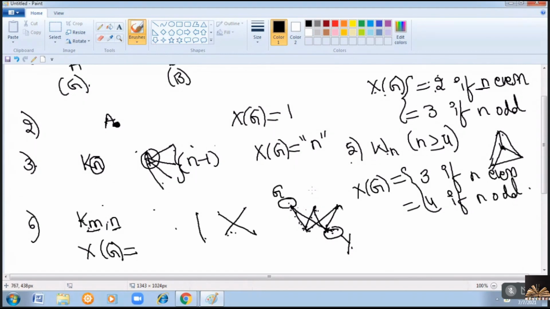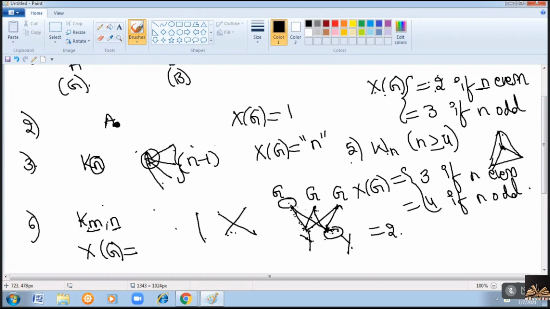Like this, if you color all the vertices in the first group with the same color and all the vertices in the second group with some other color, how many colors do you require? 2 colors. Suppose I color all the first group vertices with green, let us see whether you have adjacent vertices with the same color.